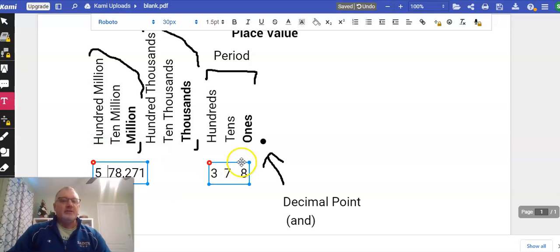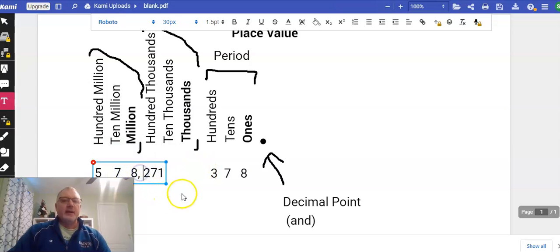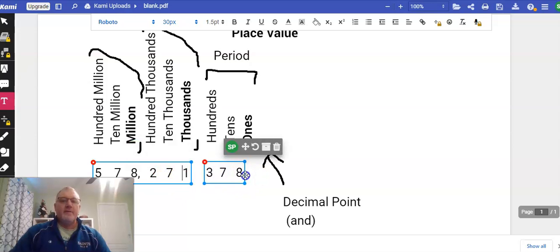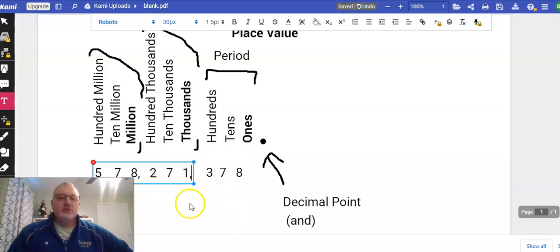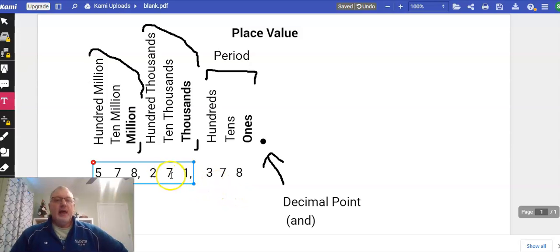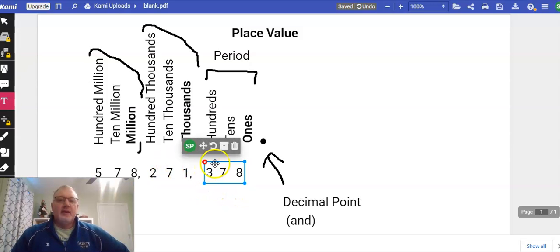We'll put some spaces in here so you can see how this process works. There's my comma, there's my hundreds, there's my 10,000s, and here is my 1,000, and then of course we already have our hundreds here.